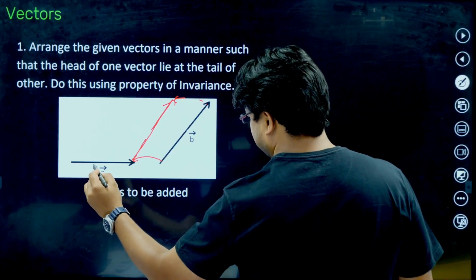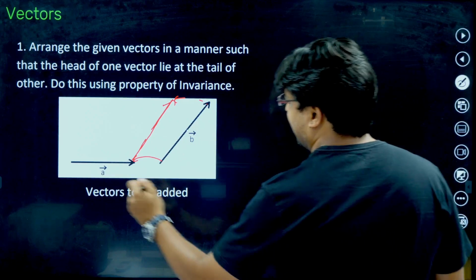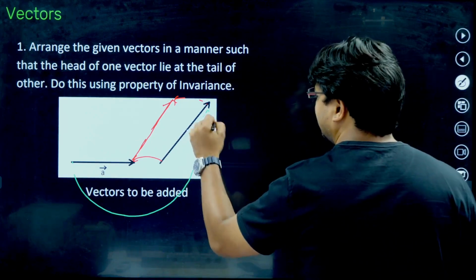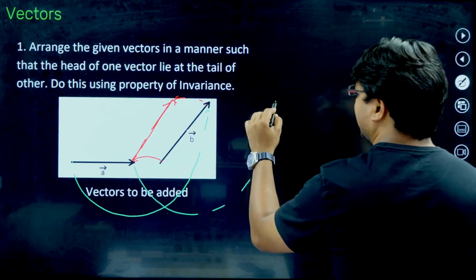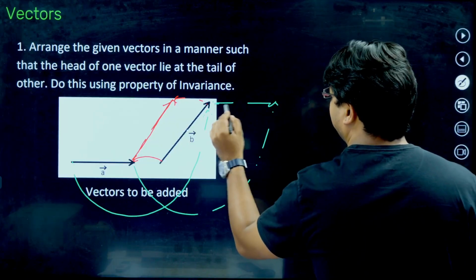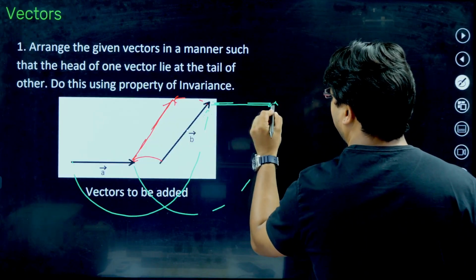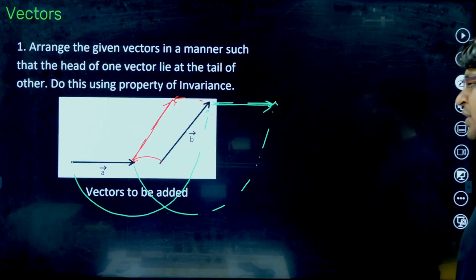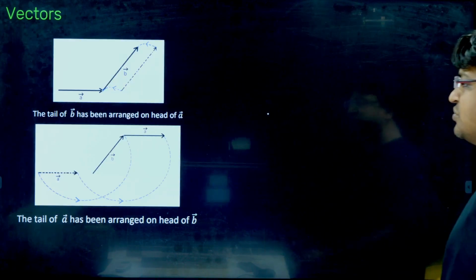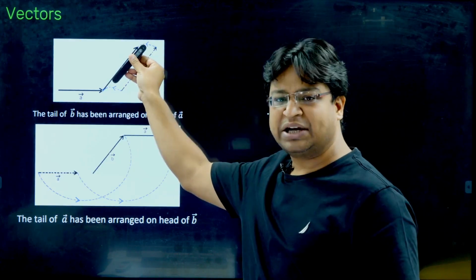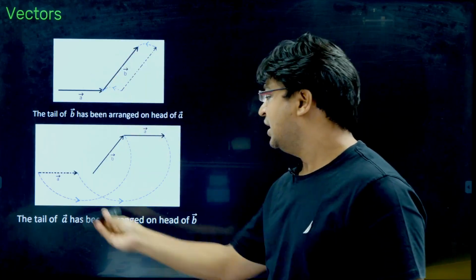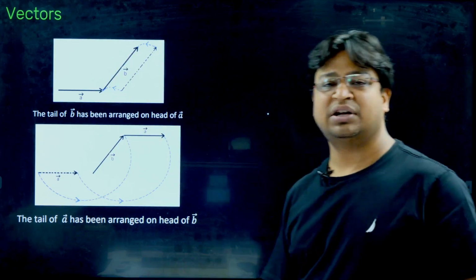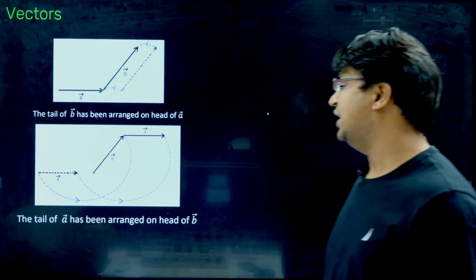I can bring this tail here and this head somewhere like this. If I do that, I would have put the head of b on the tail of a. So this has been depicted in the next diagram. Here we are shifting b so that the tail of b is on the head of a. Here I have shifted a so that the tail of a is on the head of b.